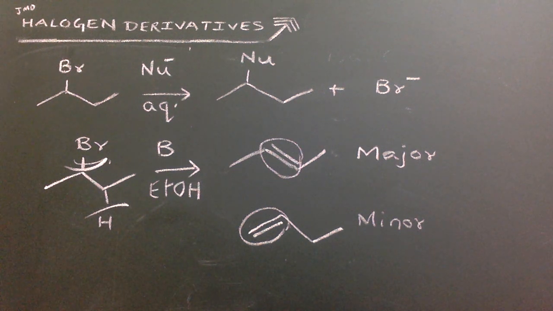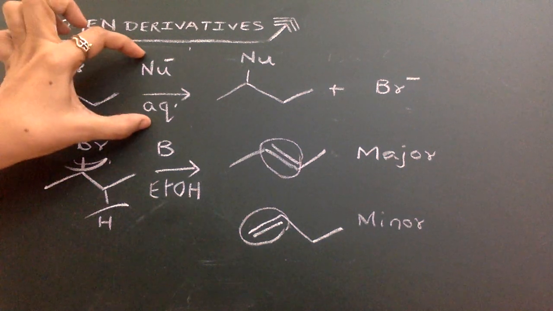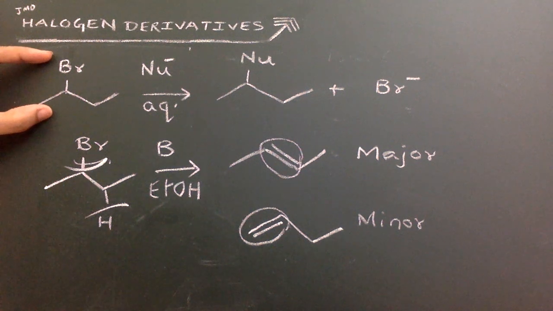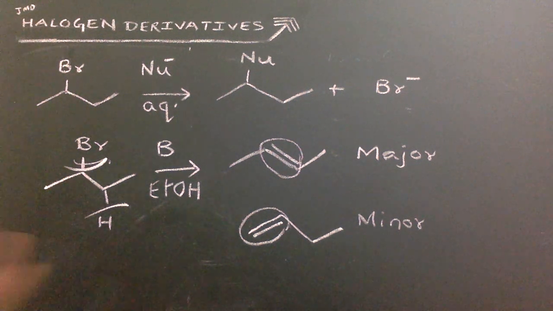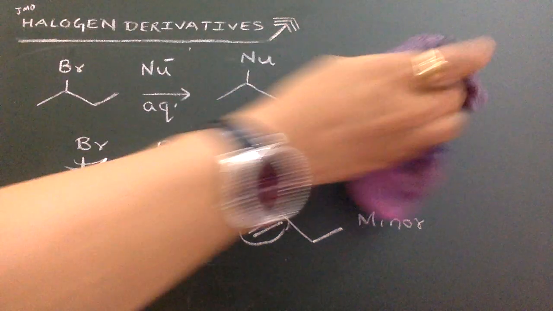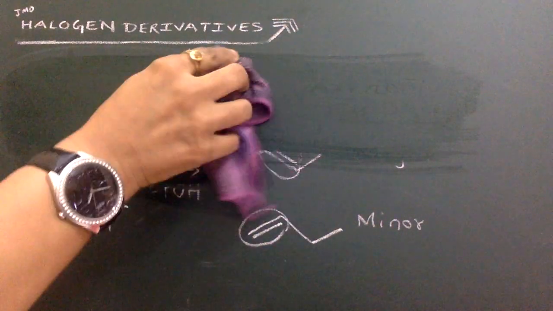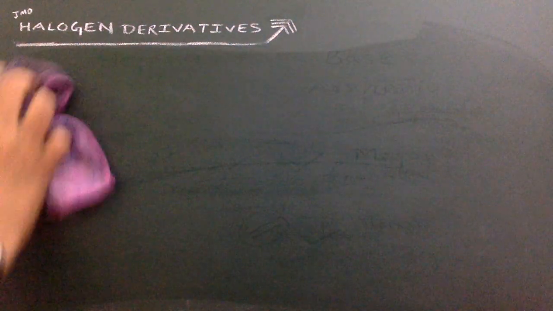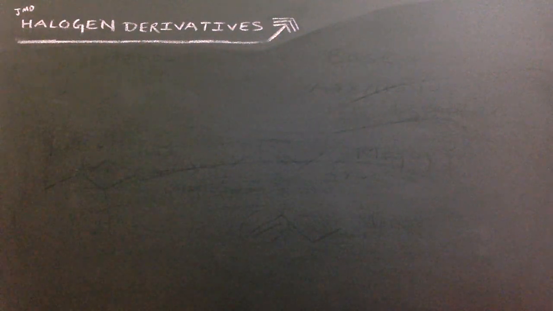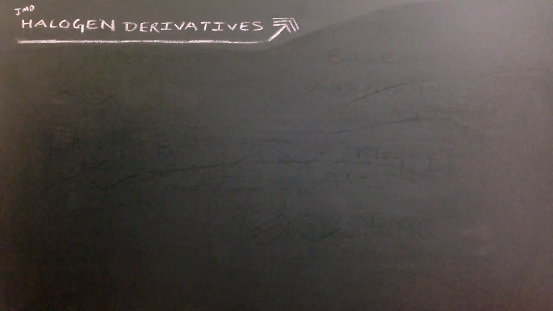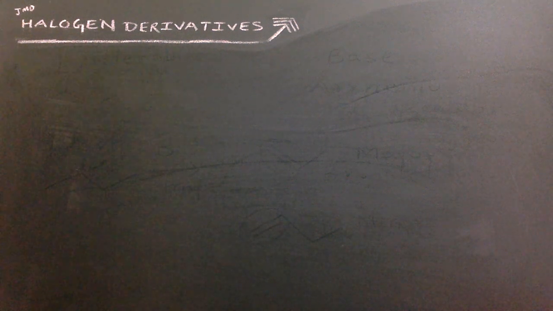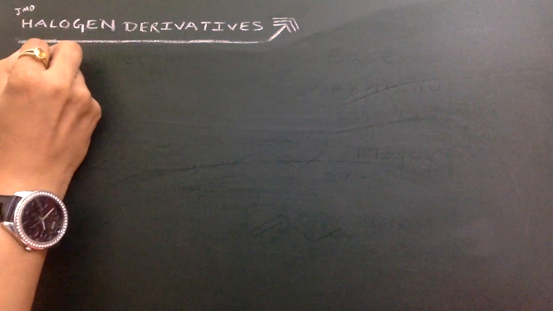Now what we should know next is why it is this way, that in aqueous medium substitution is taking place, but in alcoholic medium elimination is taking place. So let us see that. Now we are coming to a very important concept. That is very modern, really very modern. And that is, why aqueous medium?